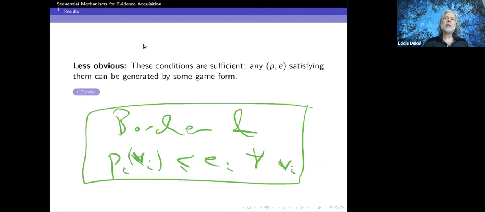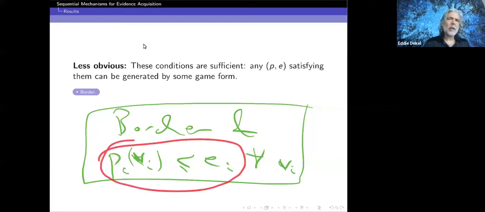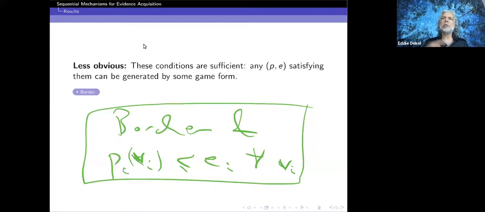I'm being a tiny bit sloppy because it wasn't exactly this condition. It was either it's constant or this condition. In a minute, I'm going to make an assumption to get rid of that either so that I can just work with this condition.